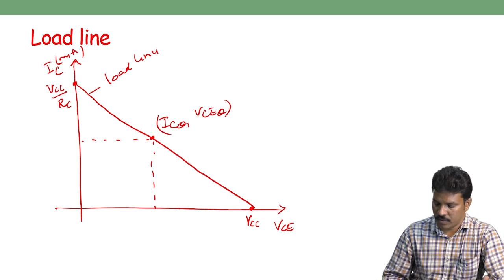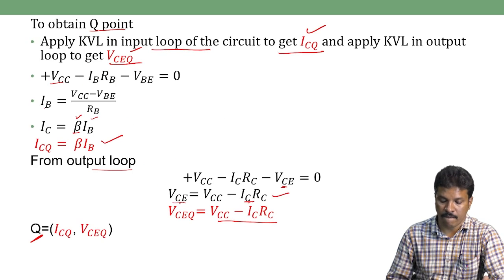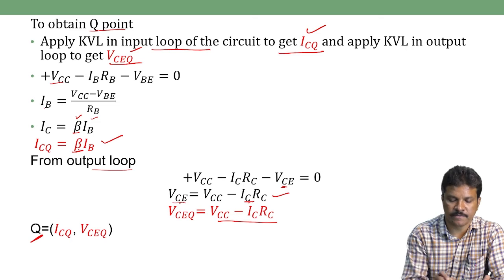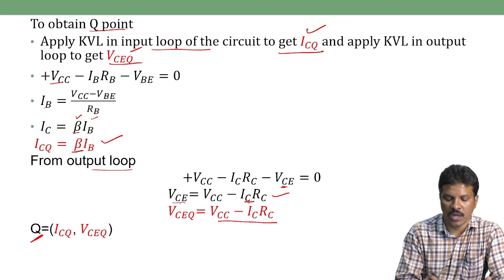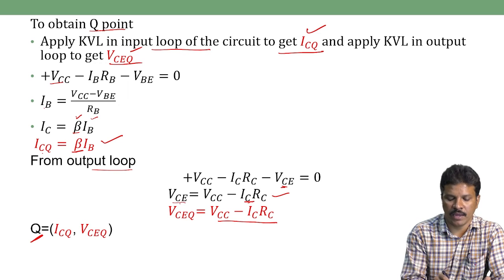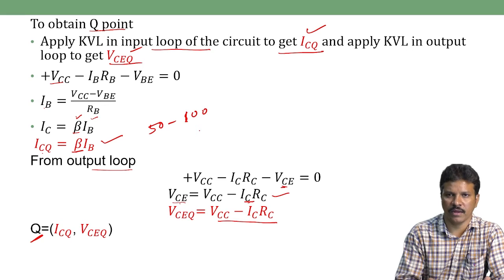Suppose beta changes. Beta is the parameter for current gain of each transistor. No two transistors have the same beta. So beta varies with each and every transistor. When ICQ is equal to beta IB, beta changes from 50 to some 100 or some 70.